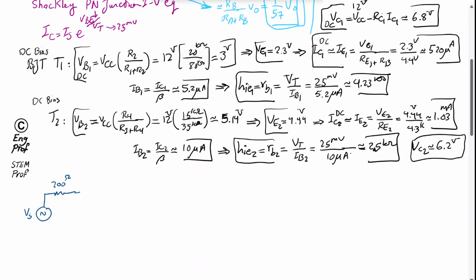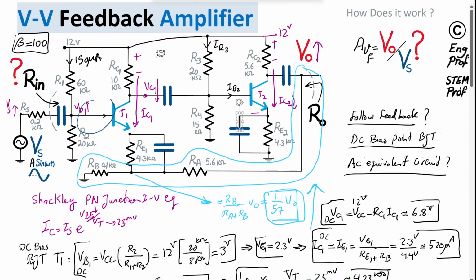So that would be 60 kilo ohm and then ground, AC ground, and then we have 20 AC ground. This is the point that we are now at the base of transistor 1.